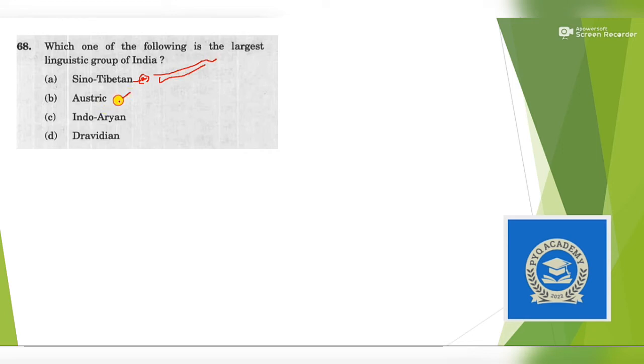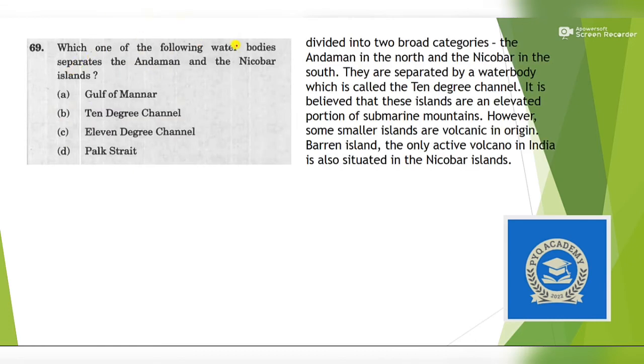Then Dravidian, that is all the southern states. Then Indo-Aryan, that means Hindi language, and definitely you can get to the answer that this can be the largest linguistic group of India. So Indo-Aryan.